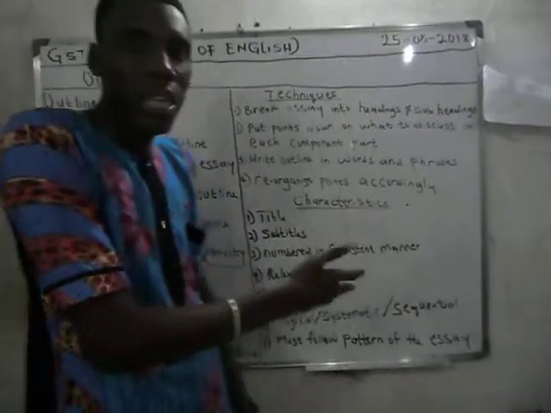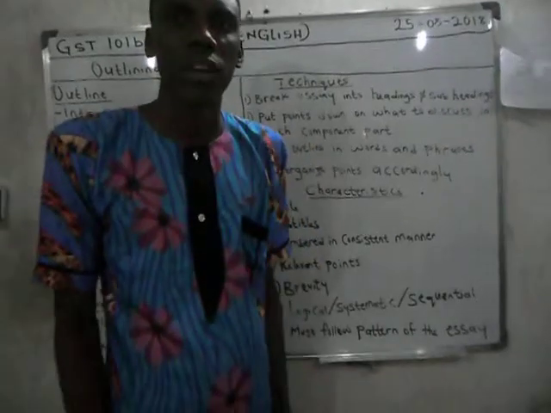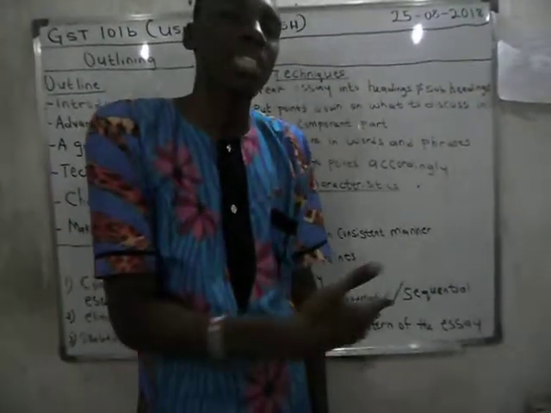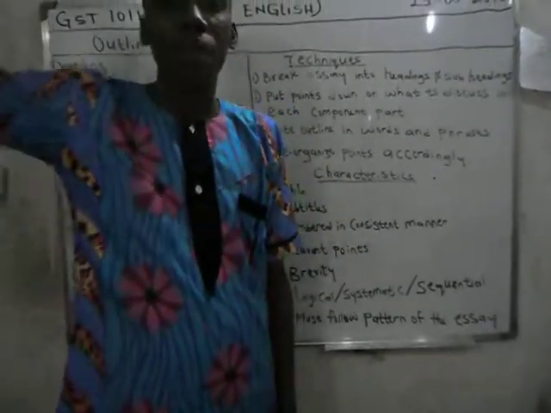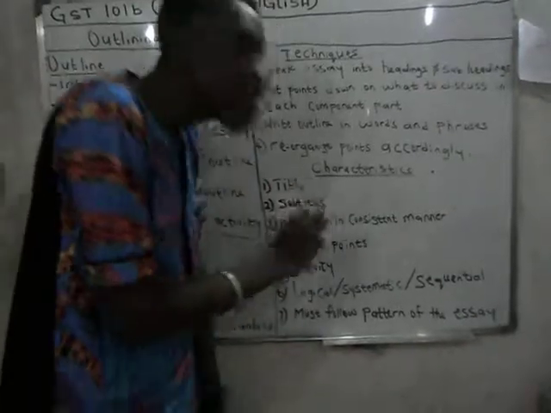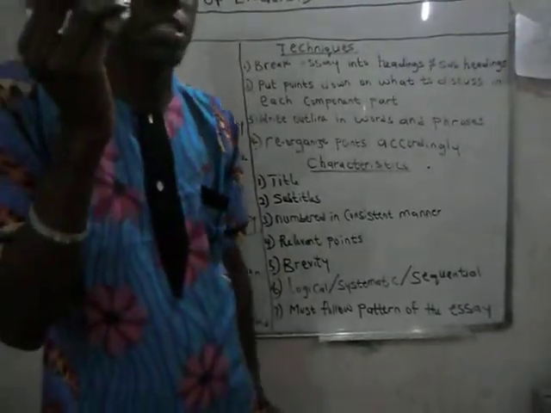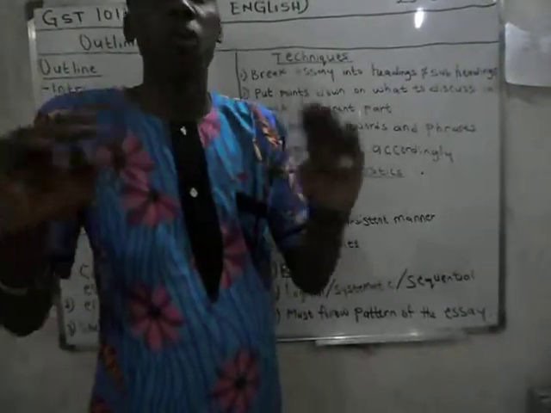Let's assume they ask you to talk about the history of Nigeria, and instead, your outline contains the history of America. What does the history of America have to do with it? In your outline, relevant points must be contained.